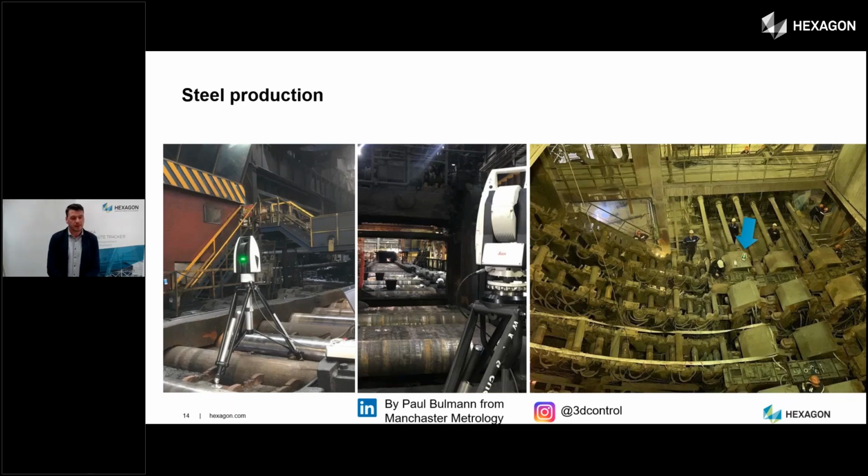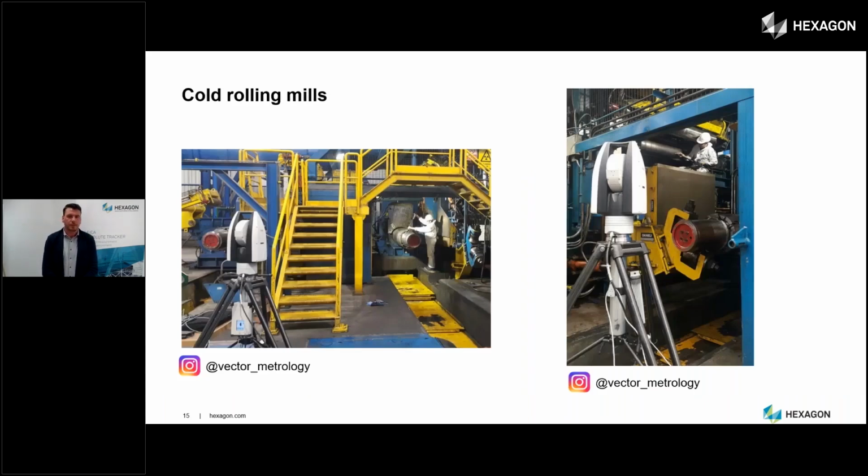Besides those applications, we also see some examples of steel production. Here we have again an example from the UK, I think one from Russia, and the other on the left also from the UK, with the ATS 600 roller alignment, and in the middle the AT403, and then you see the Aero, very small, with a huge range of more than 300-meter volume. You can cover all these applications.